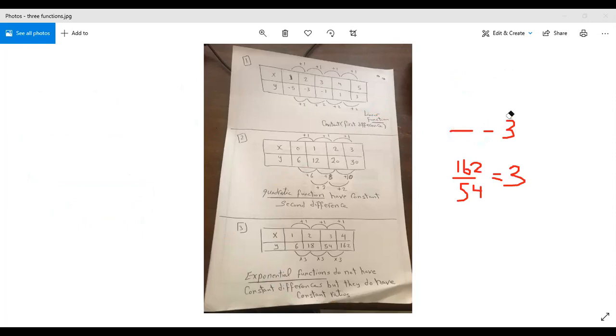Do you understand the meaning of constant ratio? Yes. Okay. Y values are multiplied by the same constant amount every time, right? The same number every time.